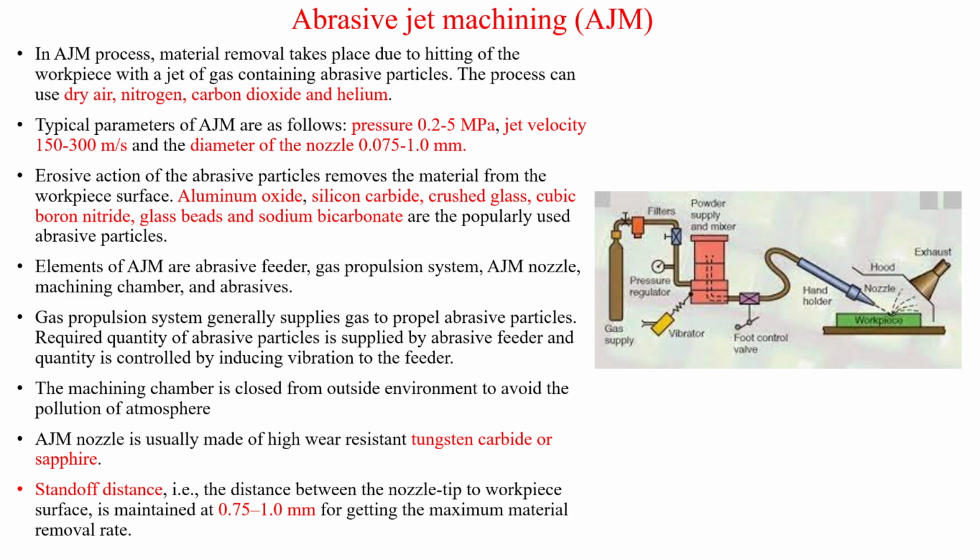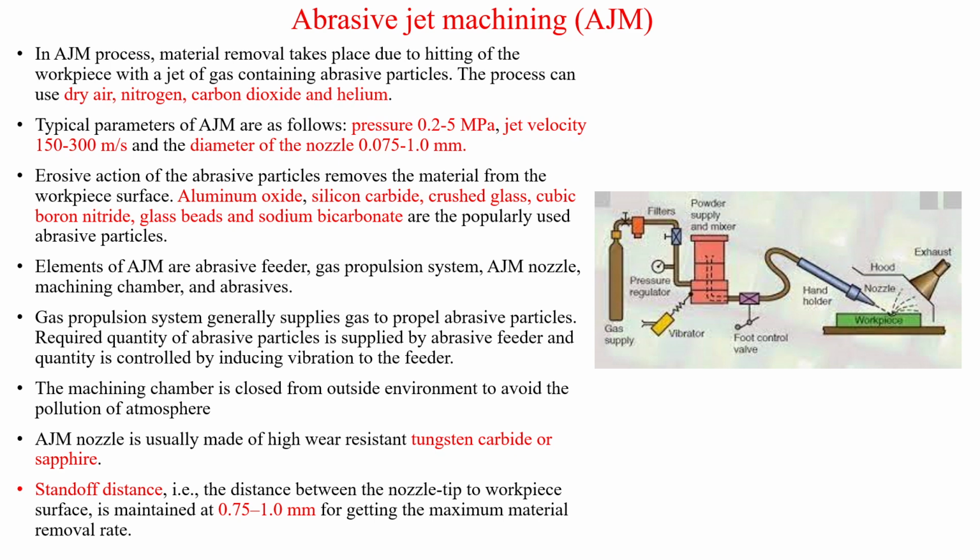A proper flow system is there, and gas is used, because you need to apply the abrasives at a very high velocity. For that, a proper gas supply, filters, valves, and a nozzle are used, and then it is applied on the workpiece. So we'll see what happens. In the AJM process, material removal takes place due to the hitting of the workpiece with a jet of gas containing abrasive particles.